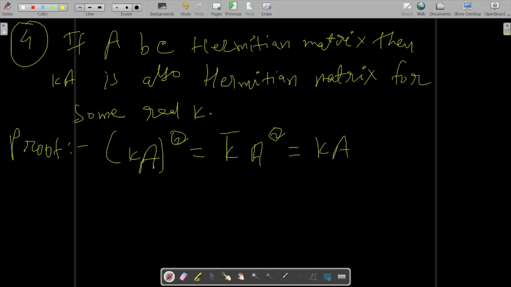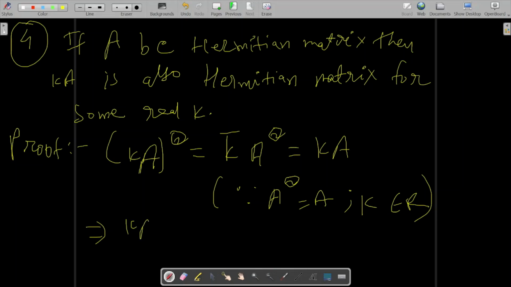And the transpose conjugate of A will be A, because A is Hermitian. So that's why KA, by definition of Hermitian matrix, is a Hermitian matrix.